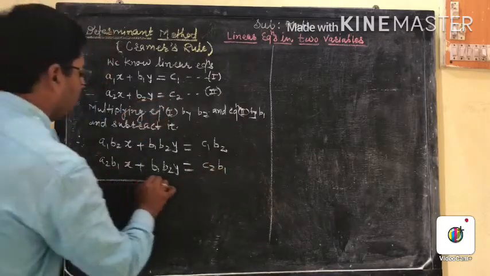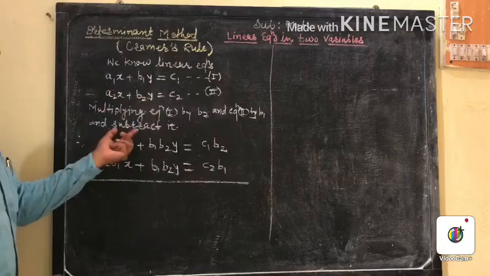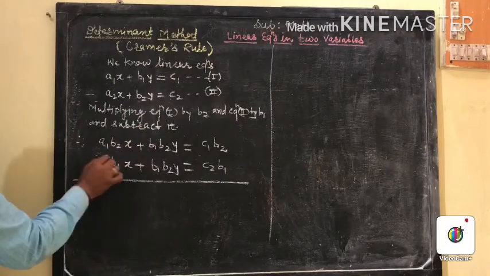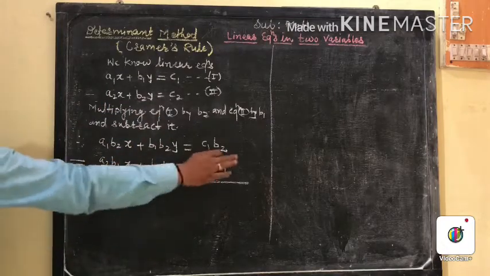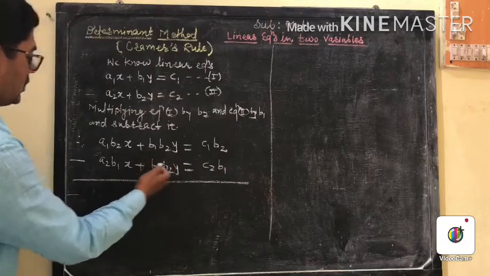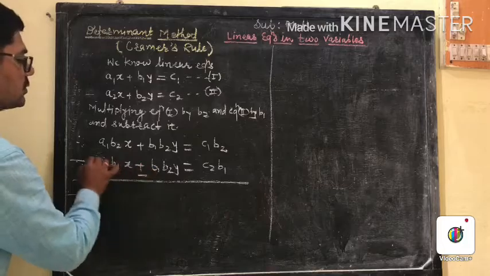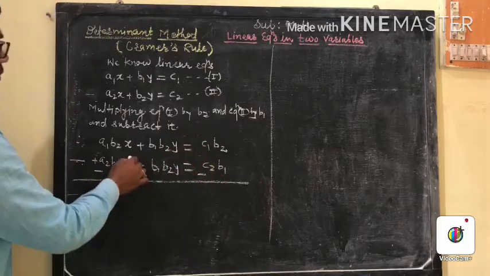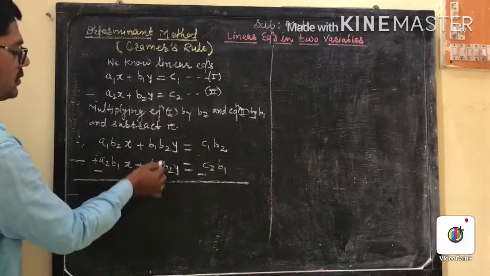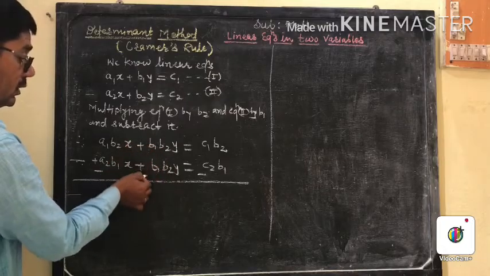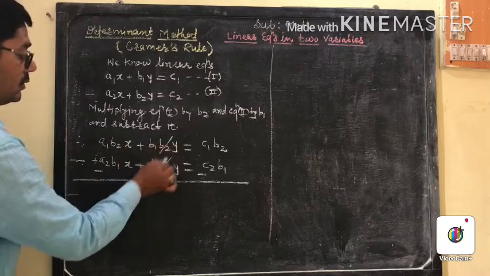Now we have to subtract these two equations. If you subtract, multiply all the terms of the second equation by a minus sign. Here the two y terms are exactly the same but with opposite signs, therefore their sum is 0.